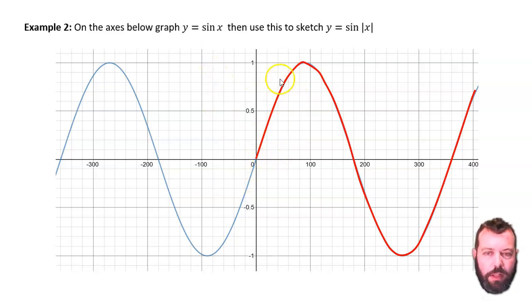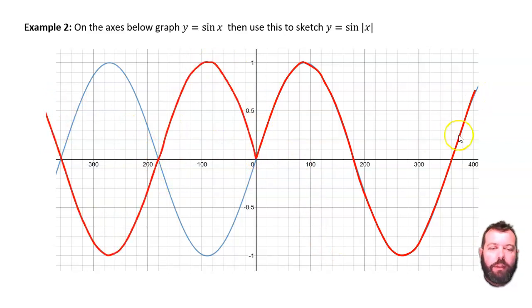So what happens is this part here is reflected in the y-axis, and I get the same thing over here. Now you see how we have a mirror image on the y-axis. The y-axis is an axis of symmetry.